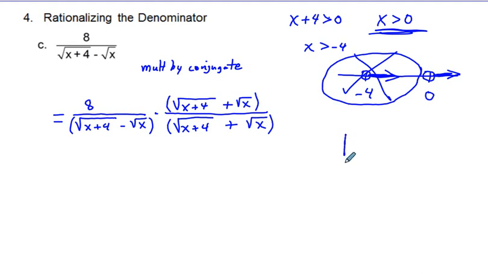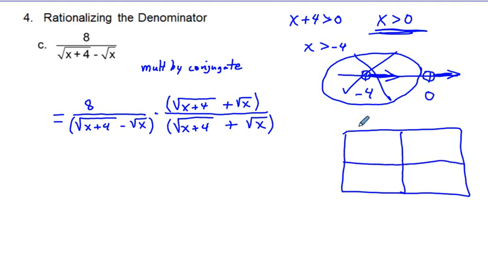I'm going to write a little box at the right to just demonstrate what multiplying by a conjugate does. So I set up a little box here, and we're going to put on the top square root of x plus 4 minus square root of x. On the side here we're going to put square root of x plus 4, and we're going to put plus square root of x.